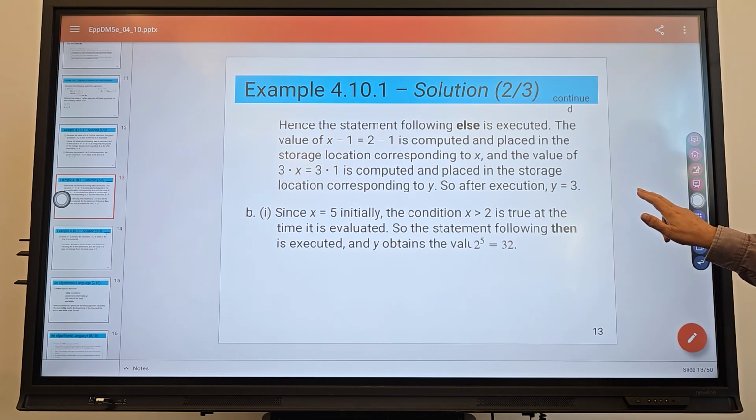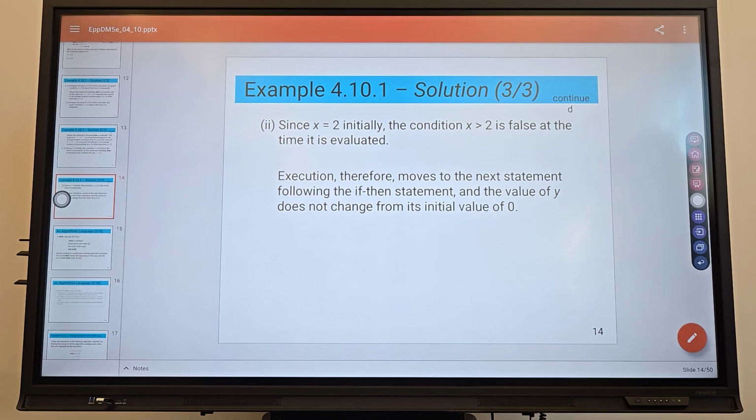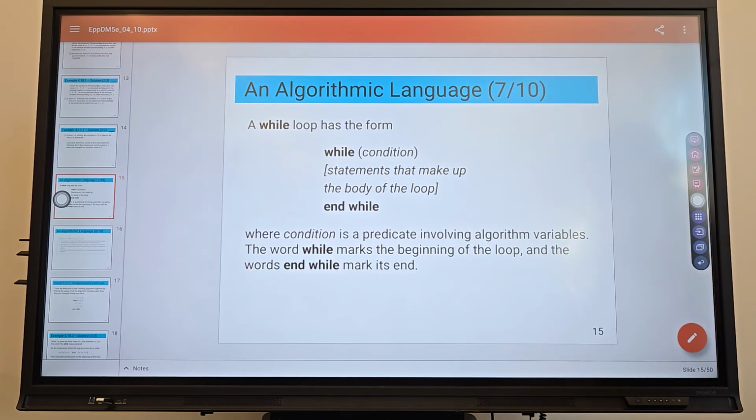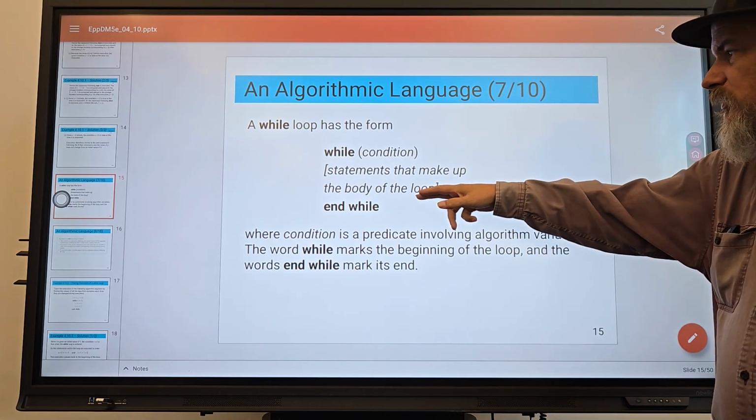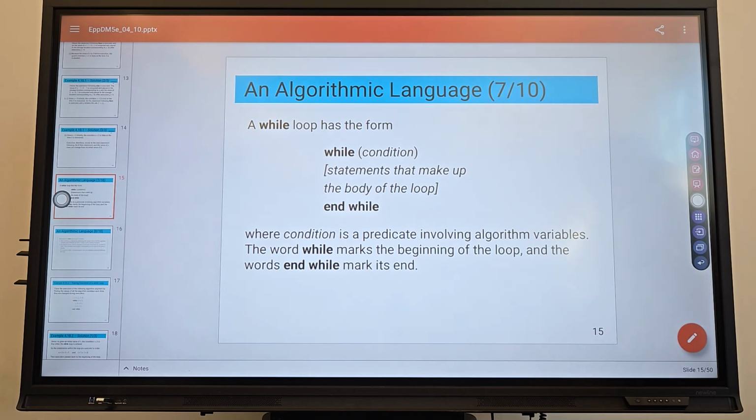Now let's go over the B algorithm, the while loop. The while loop has the form: while the condition is true, execute these statements and go back to the beginning and check the condition again.